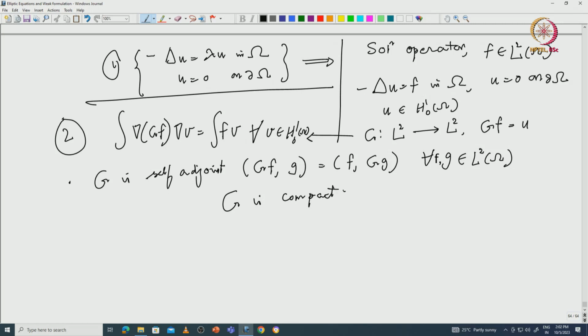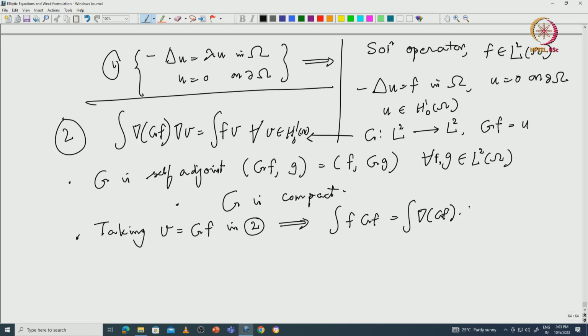And you have a third property: taking v equal to Gf in 2, because this is in H1 naught, this will give you integral of f Gf is equal to integral of grad Gf squared, which is greater than or equal to 0.